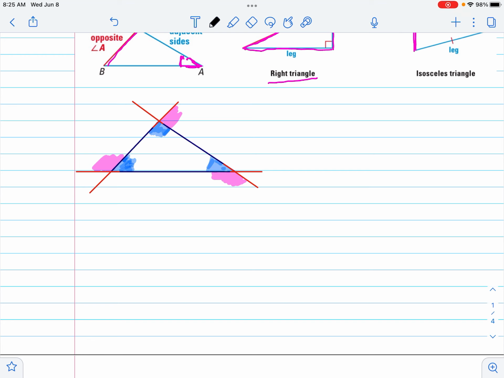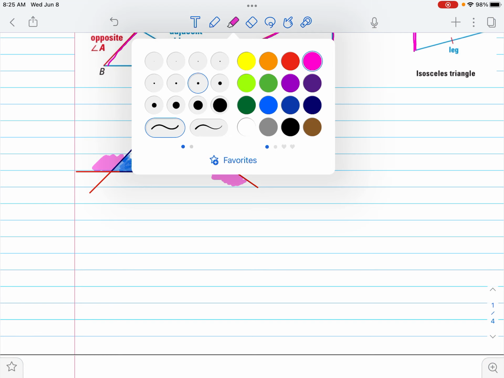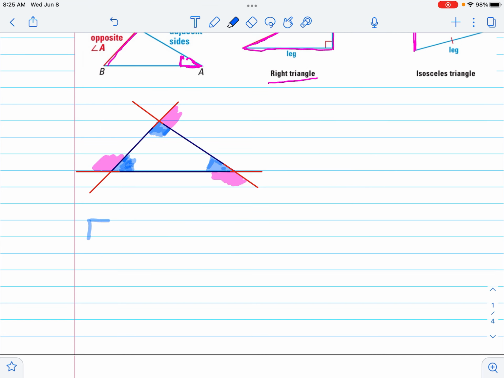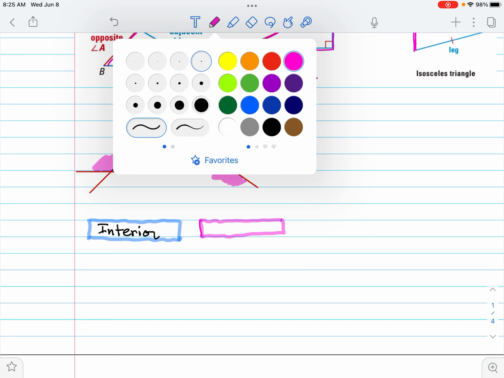Those are called the interior angles. And then in pink we have, surprise, exterior angles.